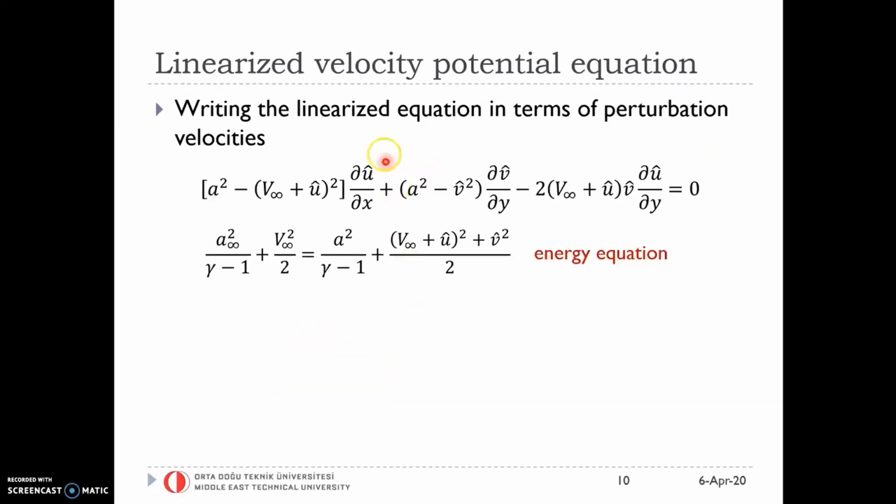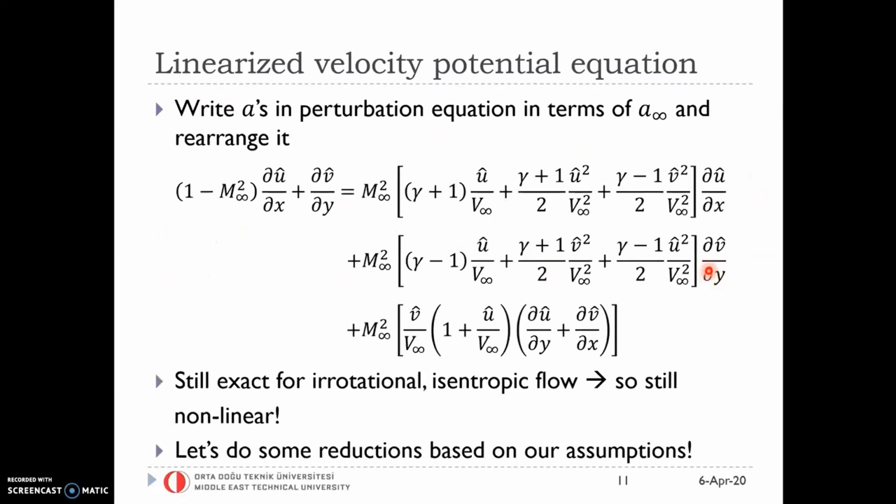If you replace the perturbation potentials with their corresponding perturbation velocities, this is the final equation you will get. We do the same thing for the energy equation, and this is the final equation you will get. Now we again have these two equations that need to be solved in order to get the flow components.